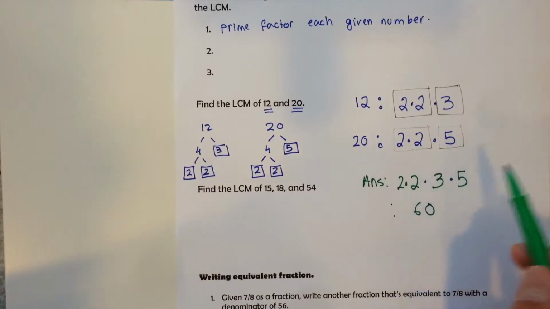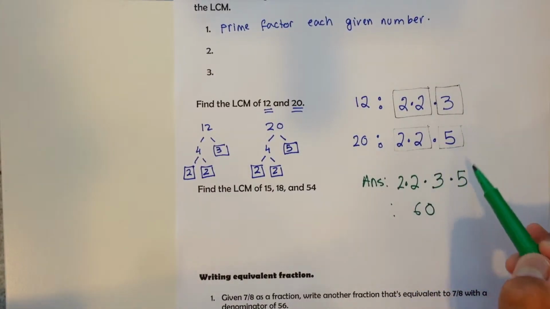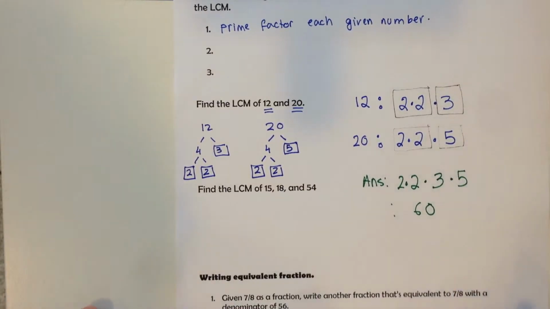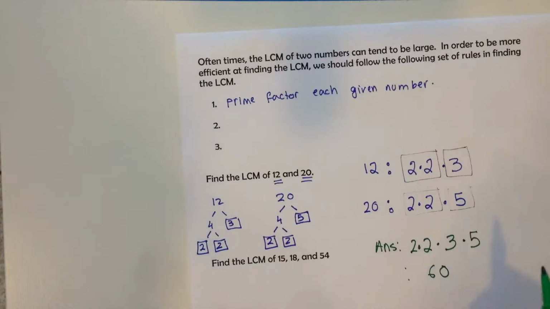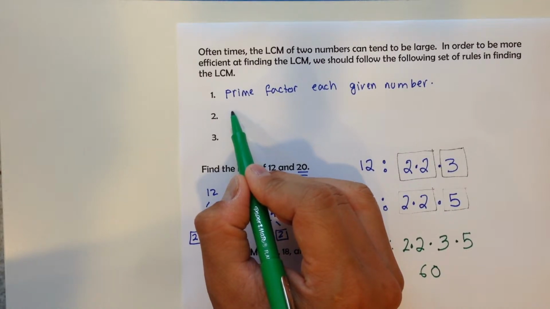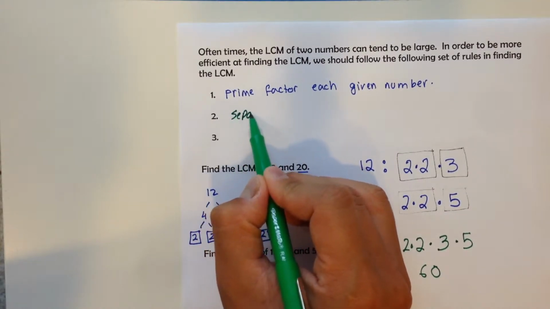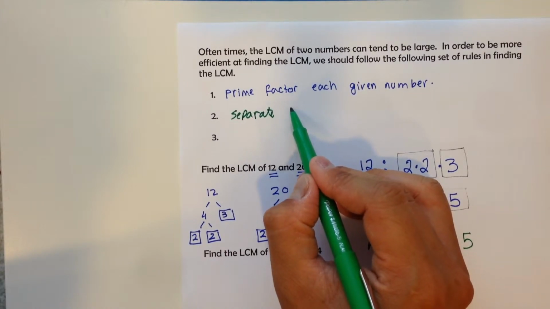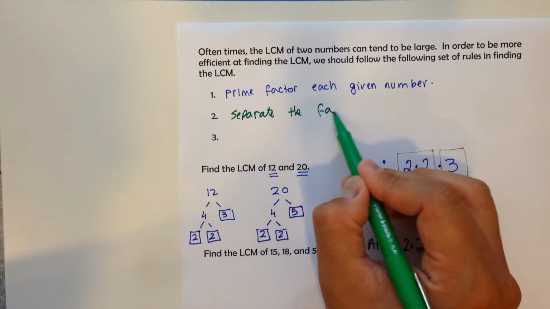Okay. And I'll walk you through how to do this again in the classroom today. So what I'll do is I'll prime factor each given number, and then I will separate the factors into groups.